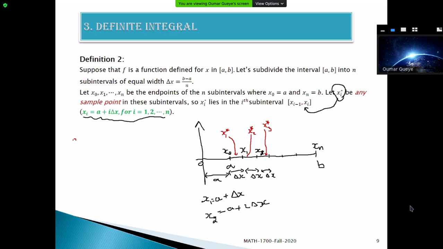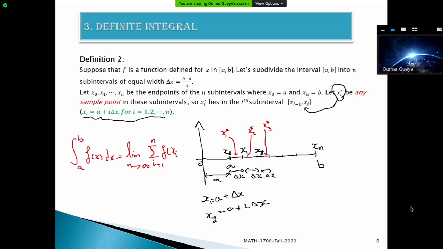The integral, in this notation, from a to b of f of x, is a definite integral, but its value is in fact equal to the following limit: the limit as n goes to infinity of the sum, similar to the sum we saw last week, for i going from 1 to n, of f at xi star times delta x.